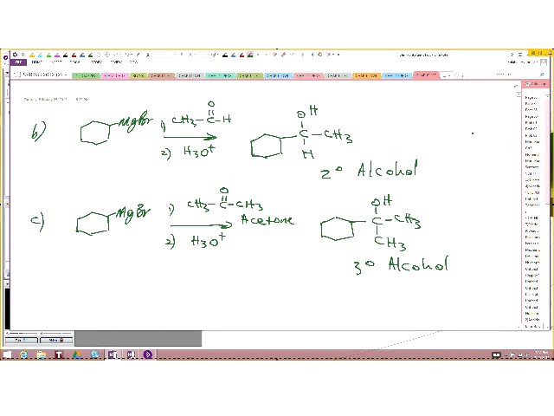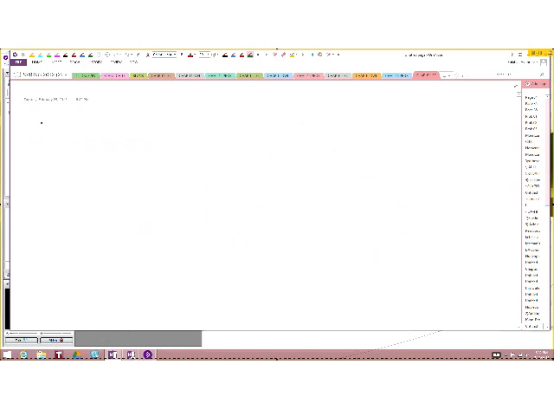Now let us give you example number 3. Still under nucleophilic addition to carbon-oxygen double bond.